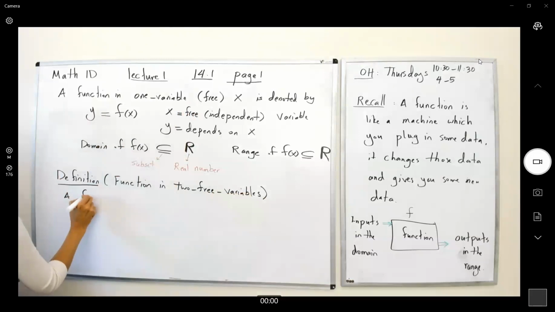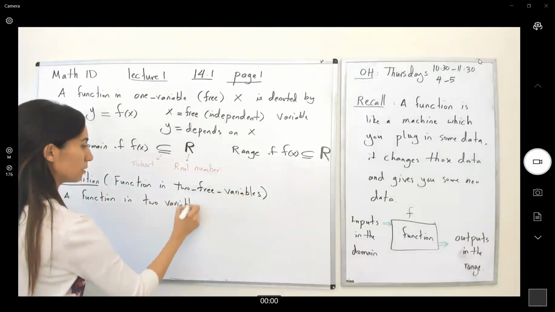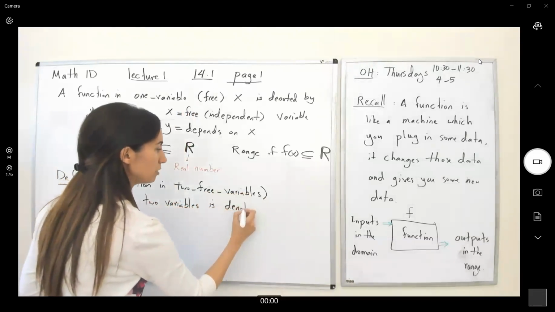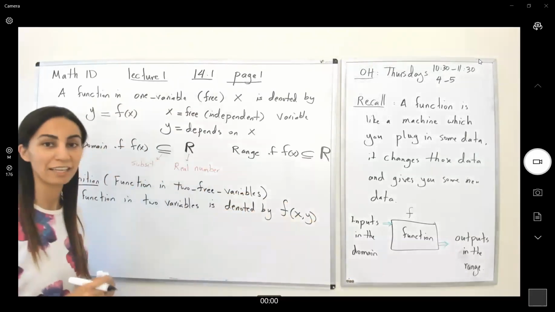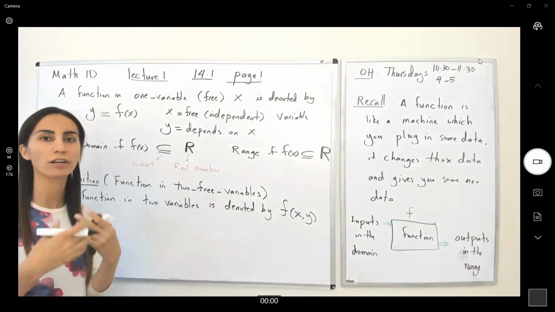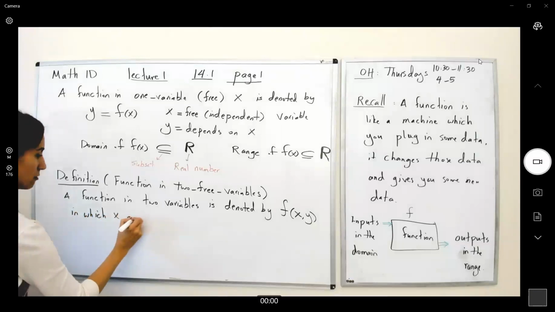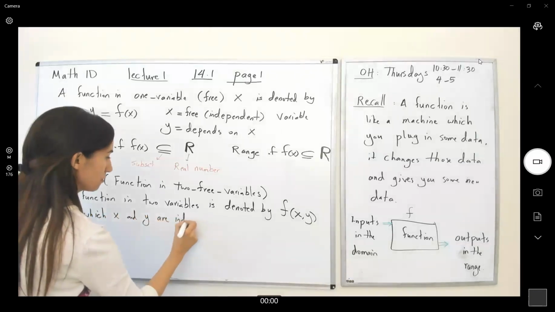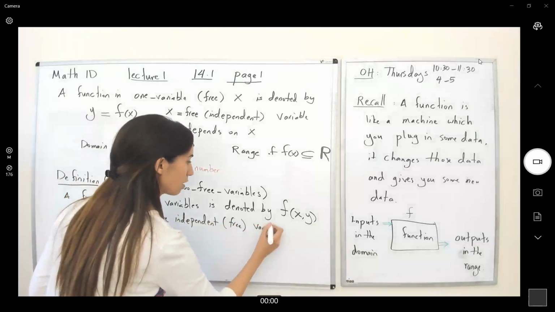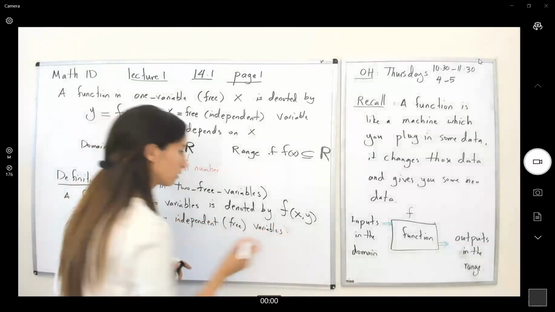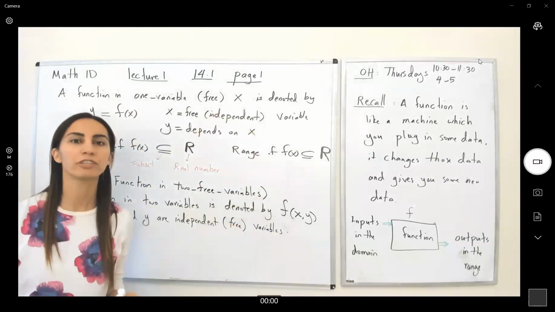A function in two variables is denoted by f of x, comma, y, in which x and y are independent or free variables.